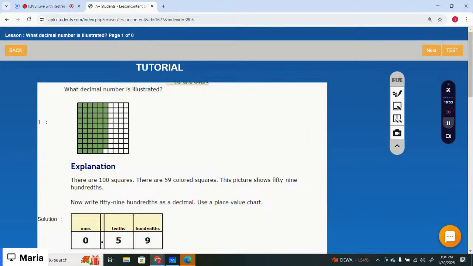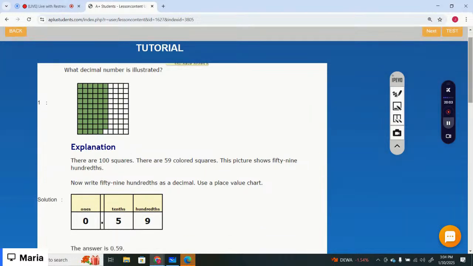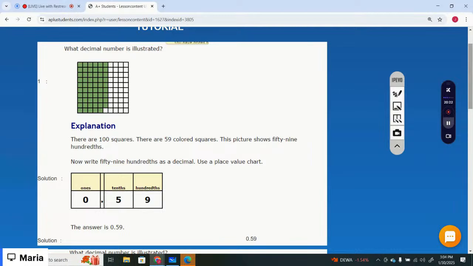The complete square has 100 small squares and 59 of the squares are colored. So that means the picture shows 59 hundredths. You can write it in a place value chart as 0.59. So the answer is 0.59.